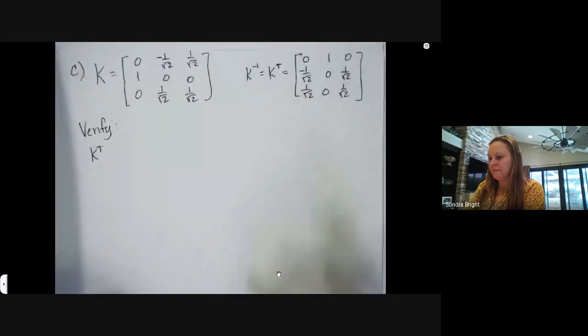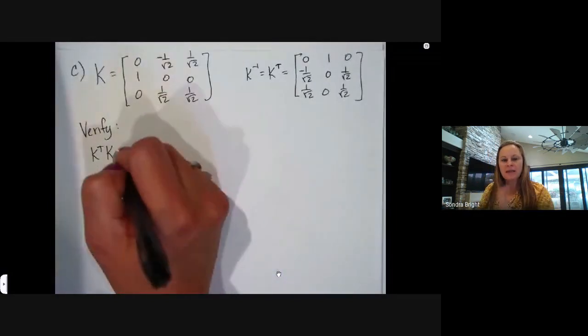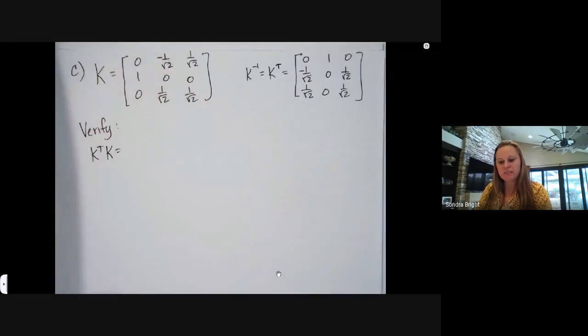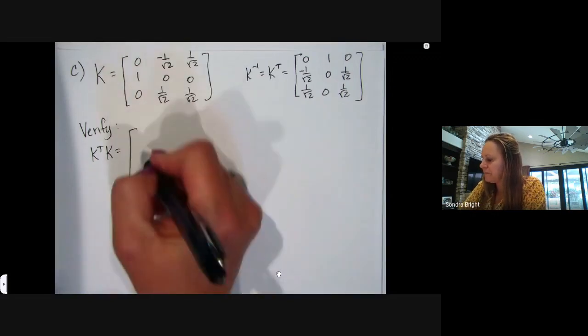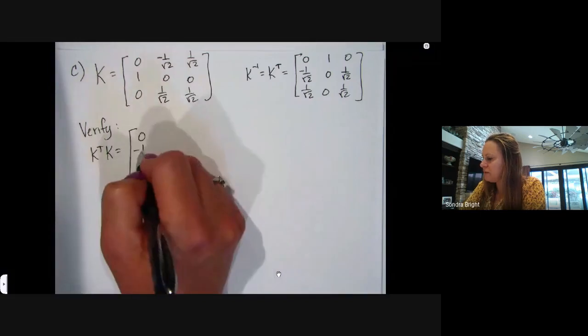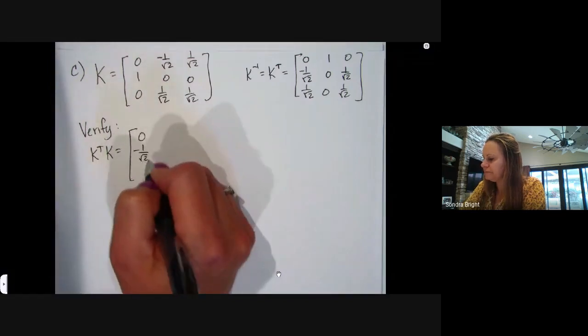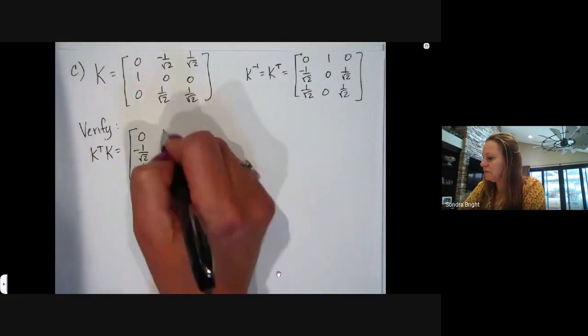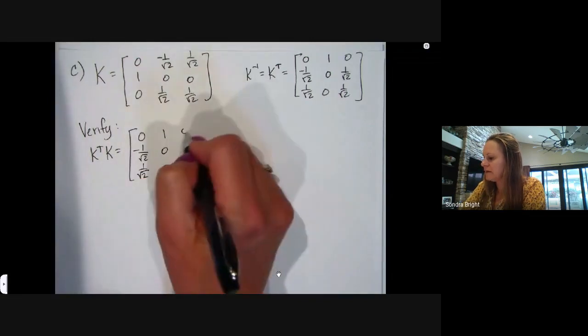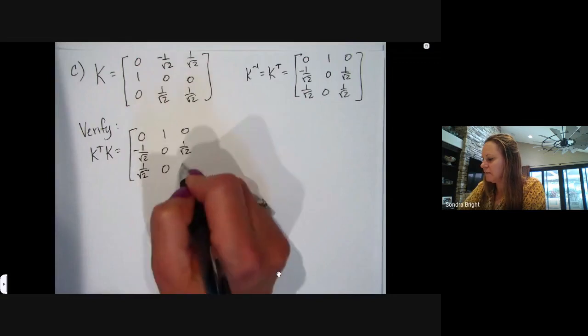But we just do it by multiplying K transpose times K, and it should equal the identity matrix. So I'm going to be multiplying K transpose, 0, 0, and a 0, 1 over rad 2, and a 1 over rad 2 times K.